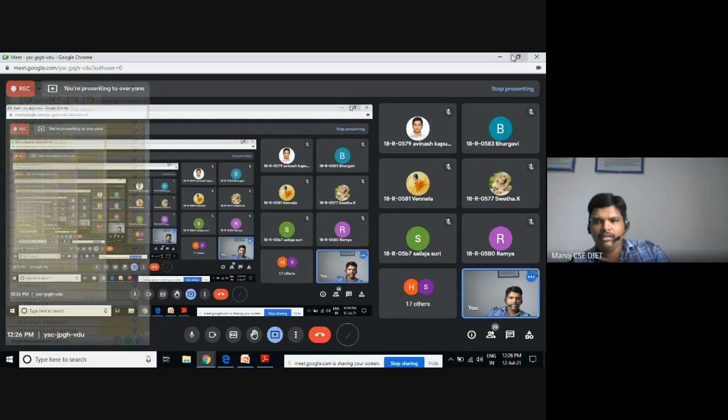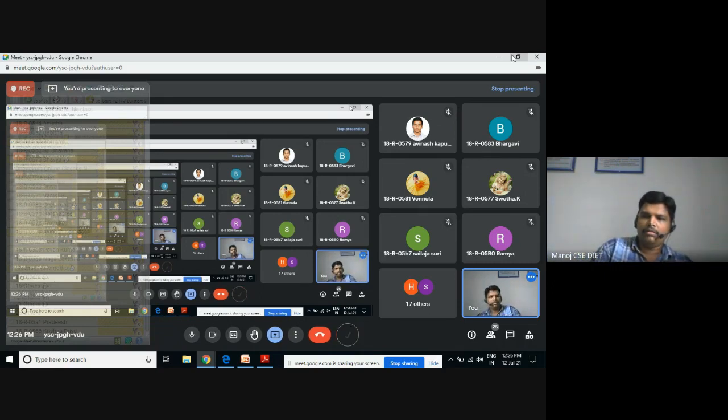Am I right? If you distribute, what happens? Usually, if you distribute work, the burden will be reduced, teamwork will be generated, and we require some coordination there. The task will be simplified. You are distributing a complex task to all your team members, which means the team is going to work on a single task.